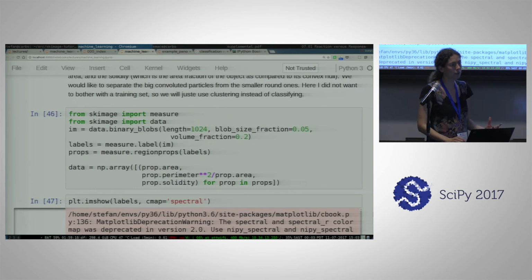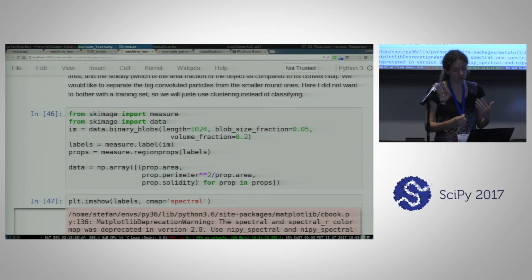The area can be a very large number of pixels, whereas the solidity will vary between 0 and 1. And therefore, since the k-means uses the Euclidean distance in this 3-dimensional space, the solidity will not count at all. The result will be the same whether I include this solidity feature or not.